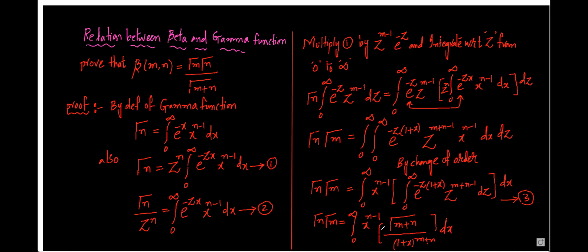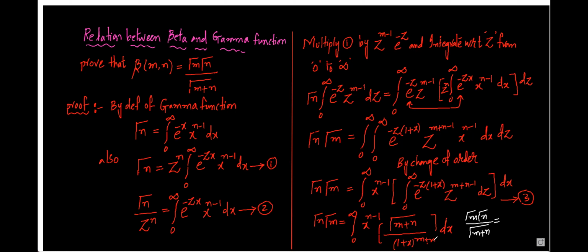Now remember the second property: the multiple terms come to the denominator. So gamma of m into gamma of n, the terms come to the denominator, so gamma of m plus n is equal to whatever is left, integral 0 to infinity x power n minus 1 by (1 plus x) power m plus n.